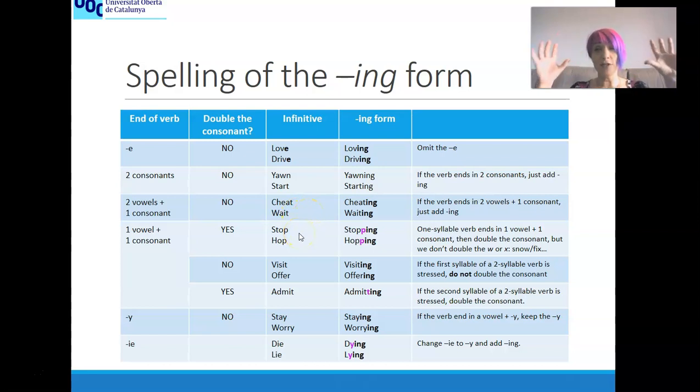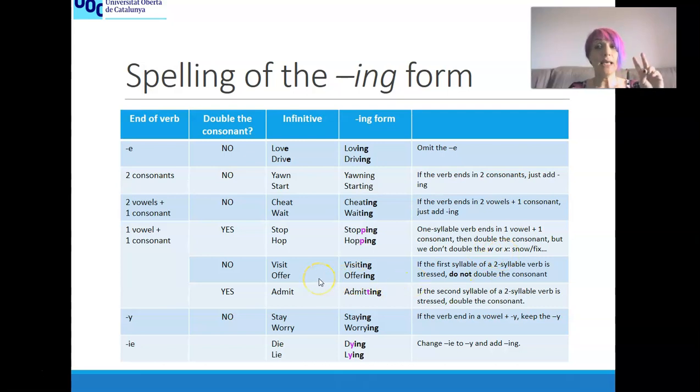Now, this is the funny part, right? Because it all depends on the pronunciation and the syllables, right? Now, one syllable verbs that end in consonant, vowel, consonant, like stop, we double the consonant, stopping, or hop, hopping, right? If the verb ends with W or X, we do not double consonants, okay?